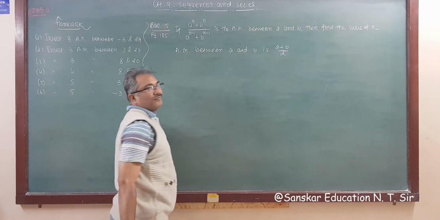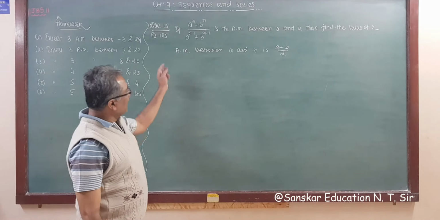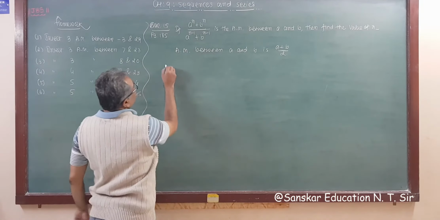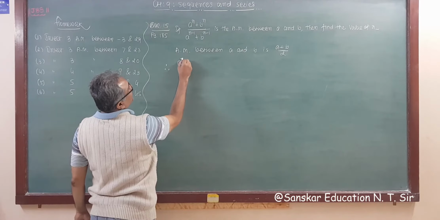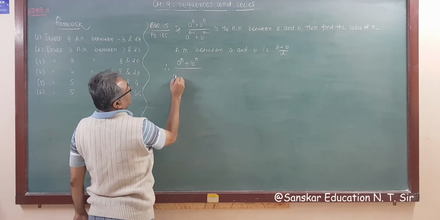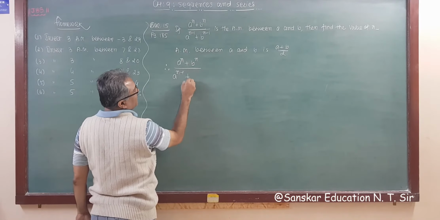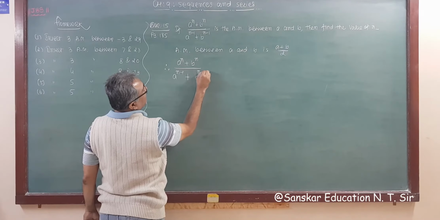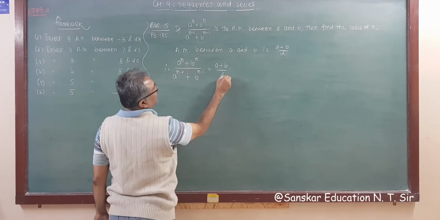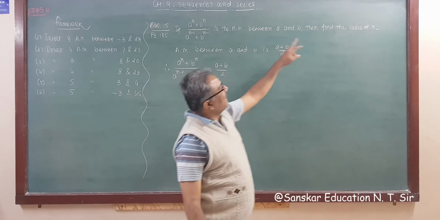This you know, right? So what is given? The AM is this one. Therefore (a raised to n plus b raised to n) whole upon (a raised to n minus 1 plus b raised to n minus 1) is (a plus b) by 2. Then find the value of n.